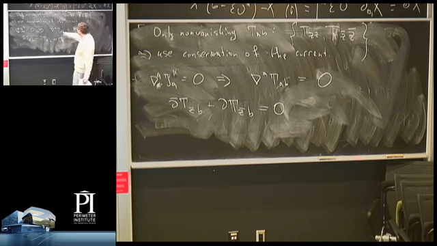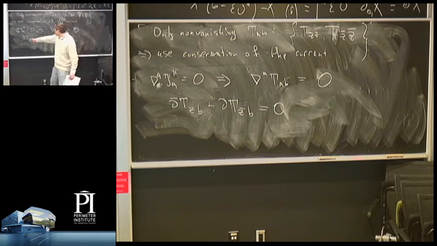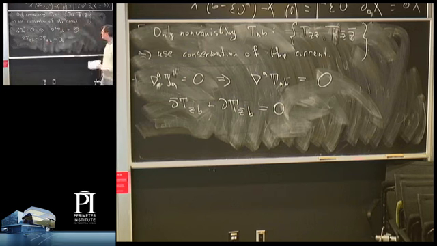What I did here, I had to lower this index, and once I lower this index, I know that the metric only links together holomorphic and anti-holomorphic coordinates. That's why it's del bar here with index z, del here with index z̄, and the left-hand side changes the other index.